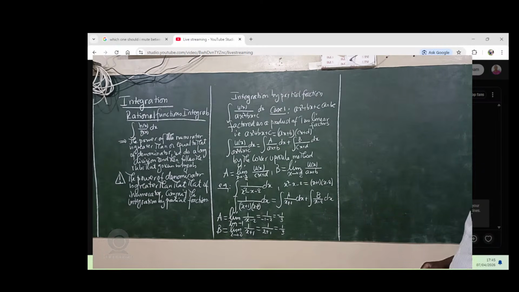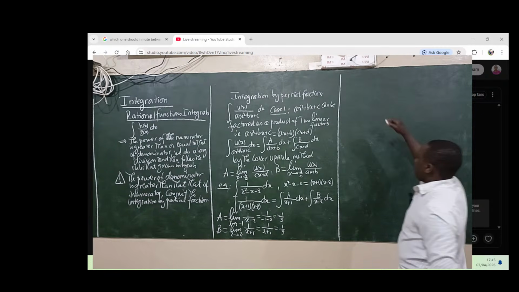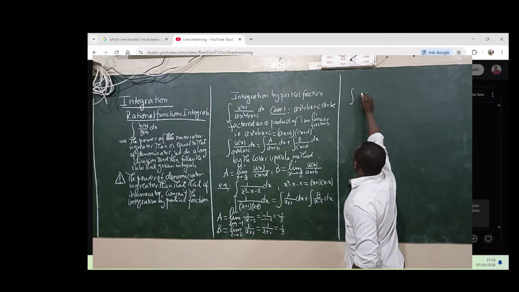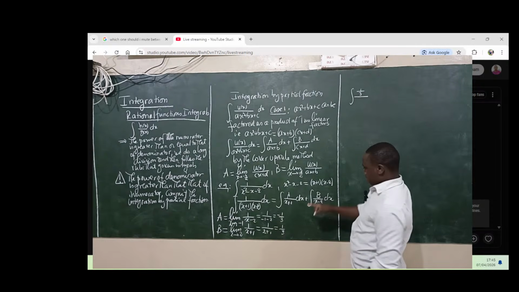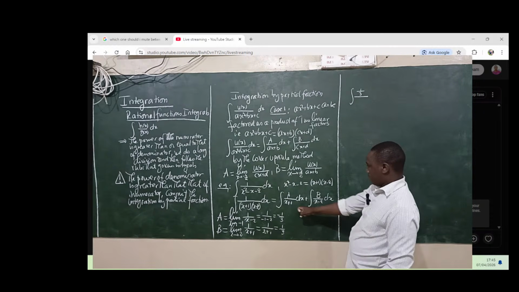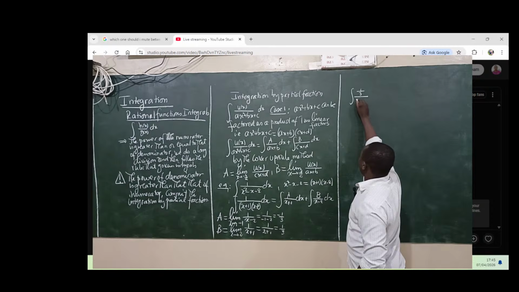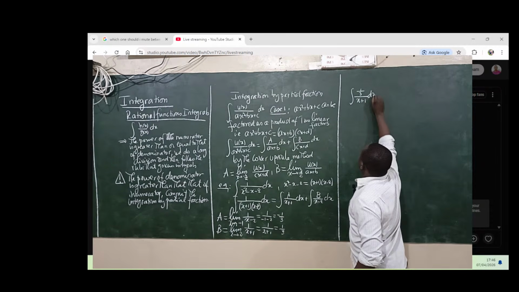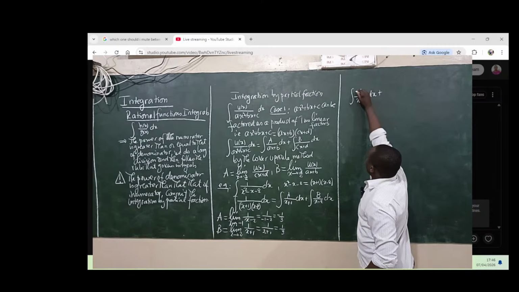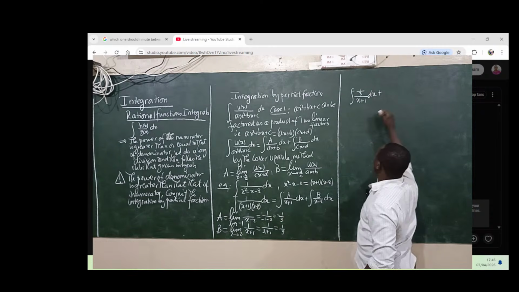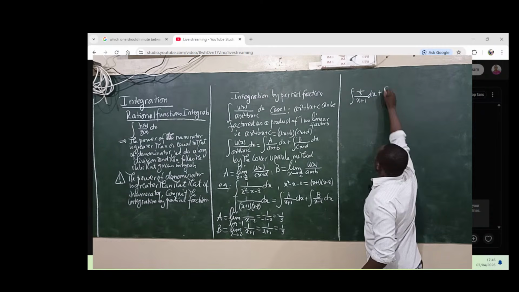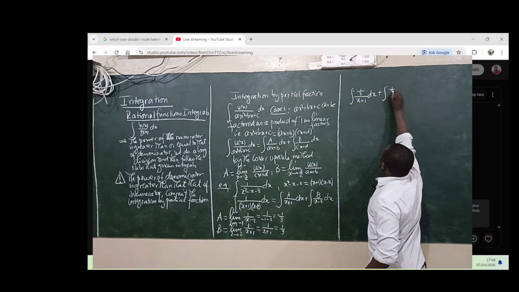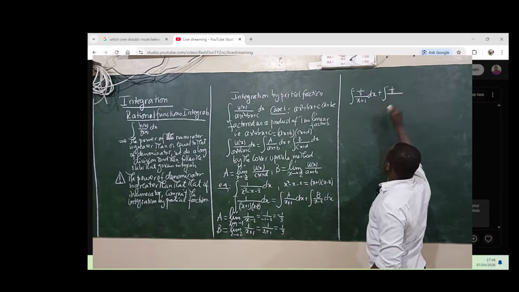Now, let's integrate. We need to have the integral of minus 1 over 3 by x plus 1 dx plus the integral of 1 over 3 over x minus 2 dx.